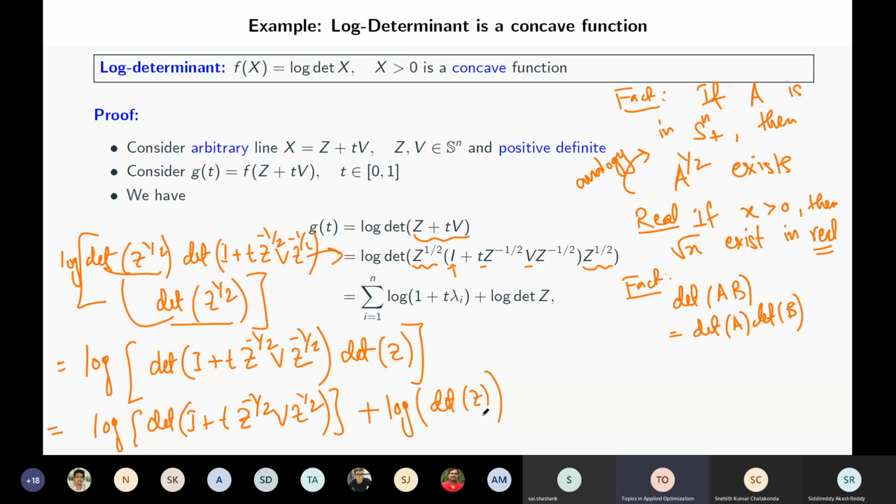Okay, so after this, then we wrote this step here. So this step then goes here. So this is log determinant Z, okay. And this part we have expanded here.